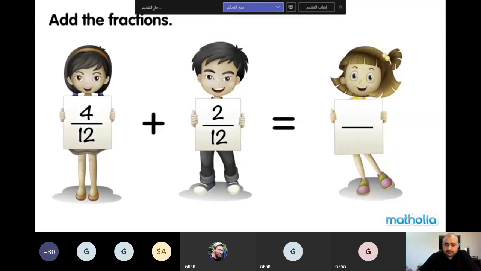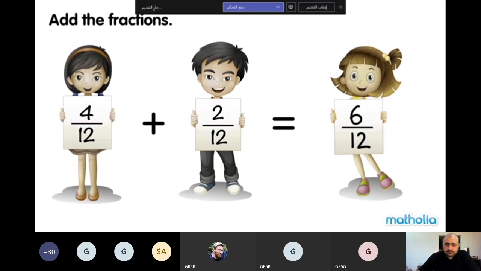Add the fractions. Let's find 4 twelfths plus 2 twelfths. The denominators of these fractions are the same. They are like fractions. To add like fractions, we keep the denominator the same and we add the numerators. 4 plus 2 equals 6.